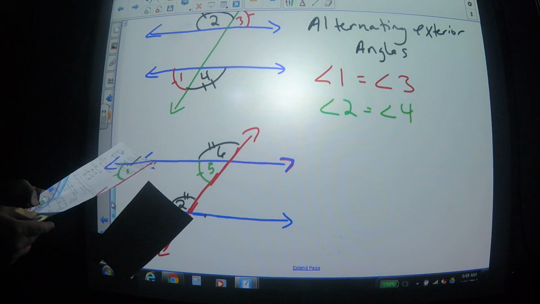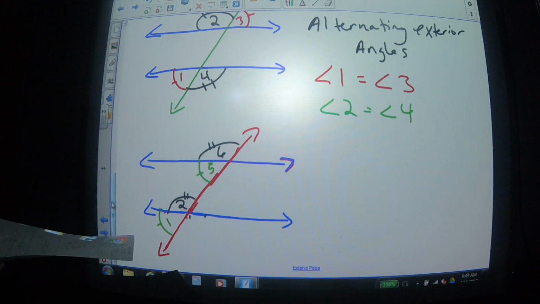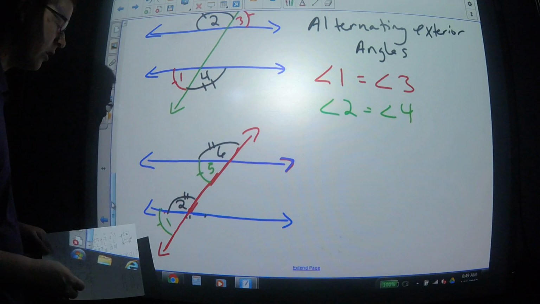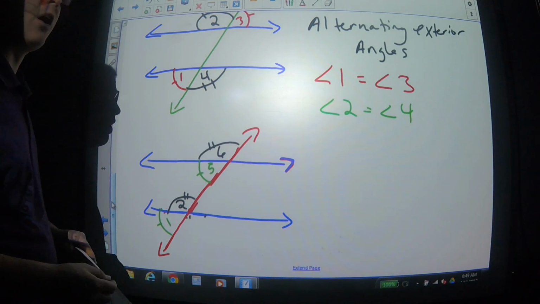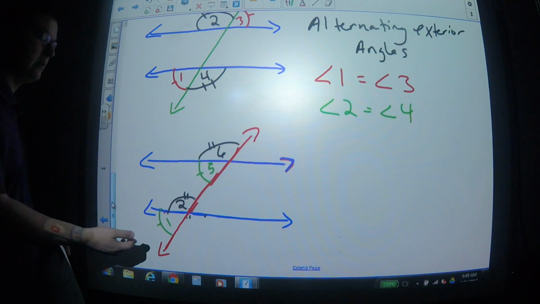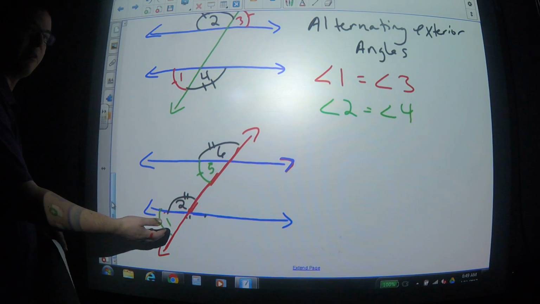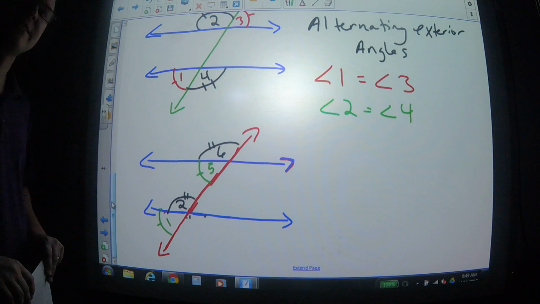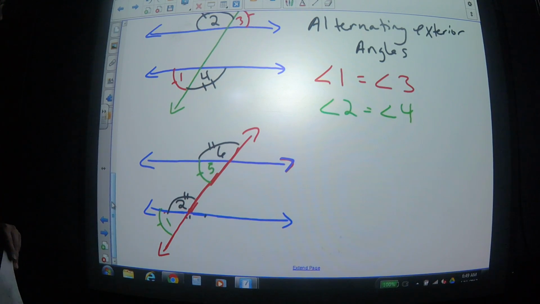Then you have what are known as corresponding angles. Corresponding angles are angles where one is on the exterior of the parallel line, and one is on the interior, but they're on the same side of the transversal.